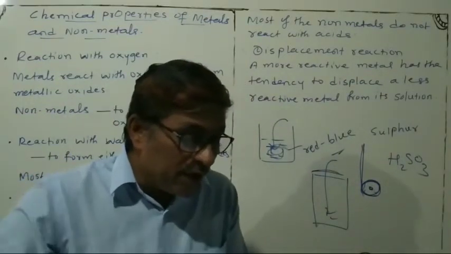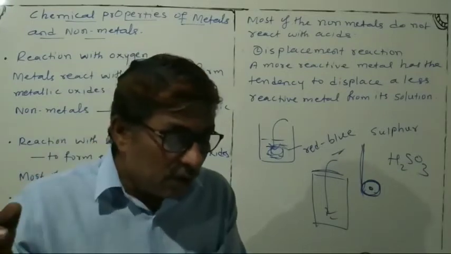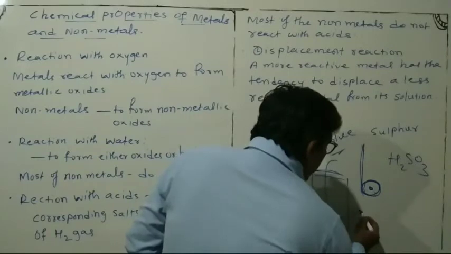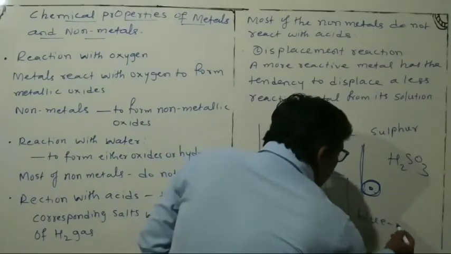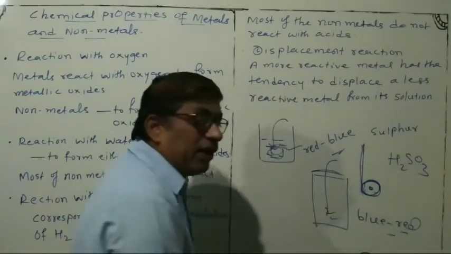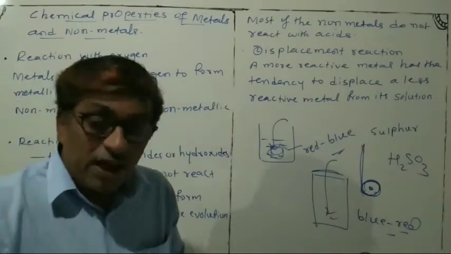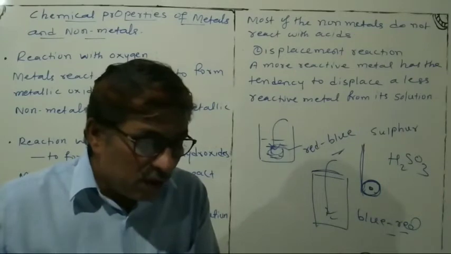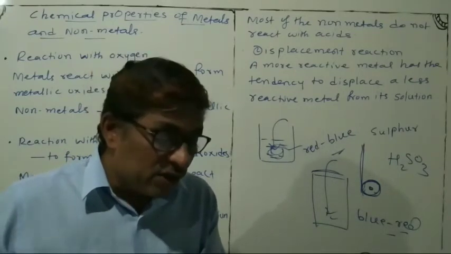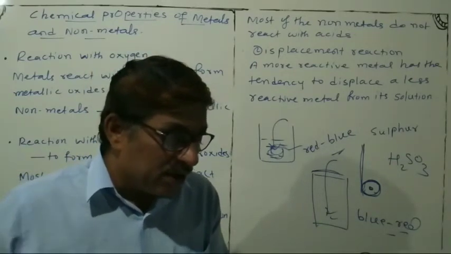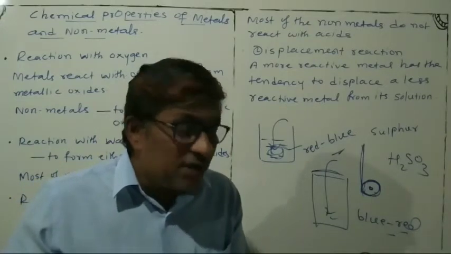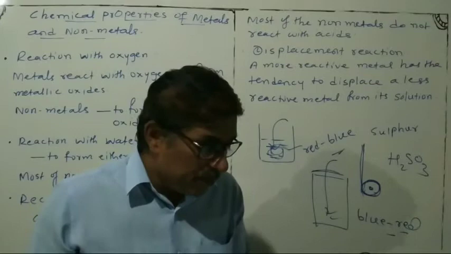When you put the blue litmus paper, it changes into red color. So this shows that non-metallic oxides are acidic in nature.